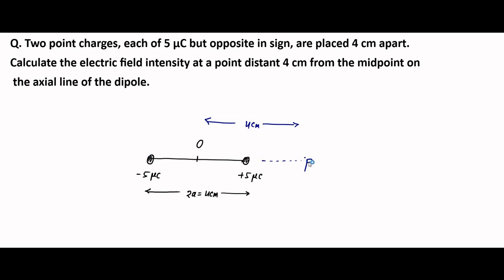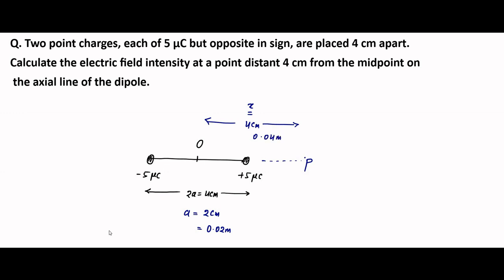So this is along the axial line. Here this distance is called x. x is equal to 4 centimeter. The dipole length 2a is equal to 4 centimeter, that implies a is equal to 2 centimeter, which is 0.02 meter, and x is 0.04 meters.